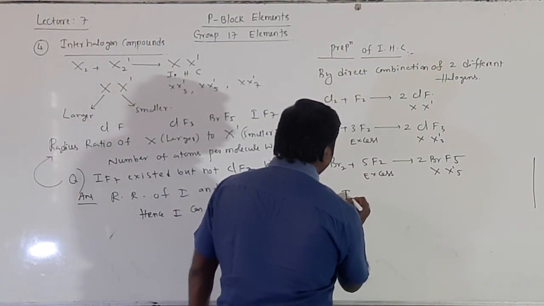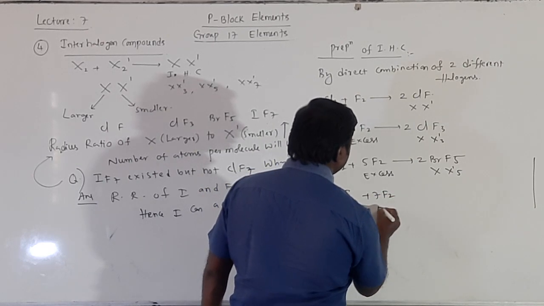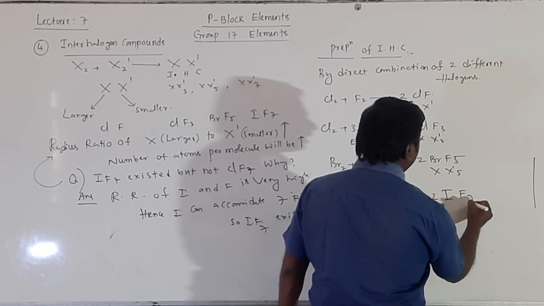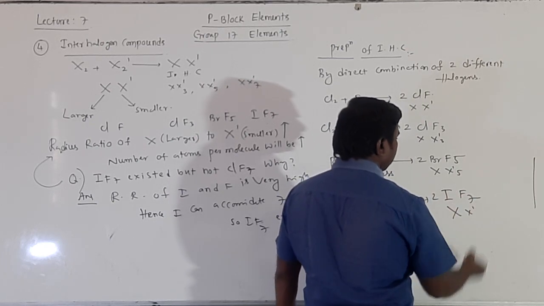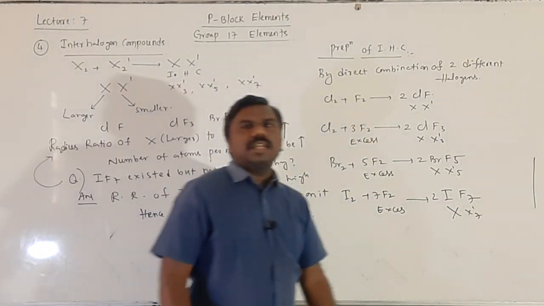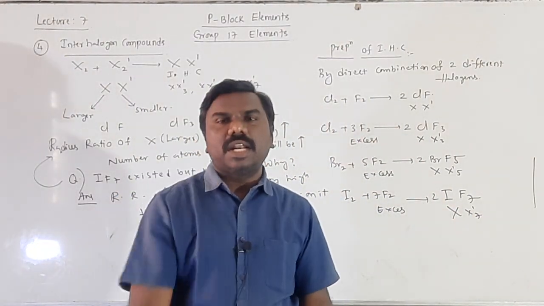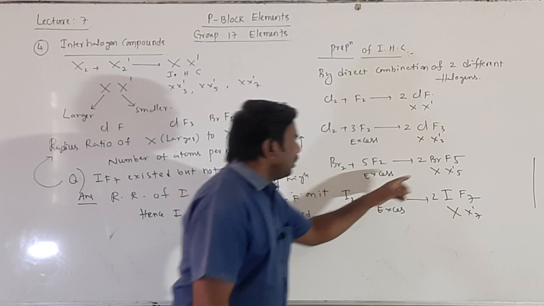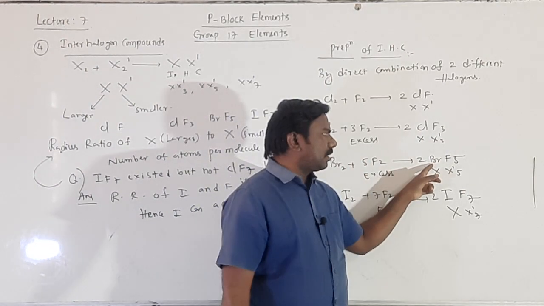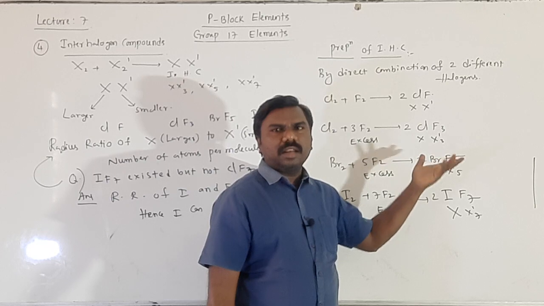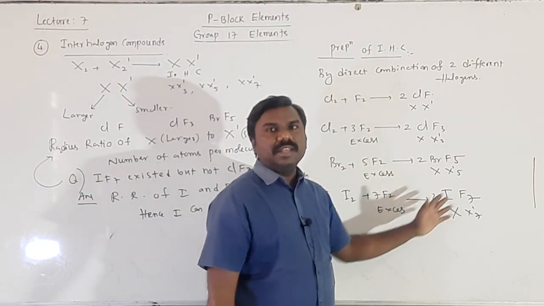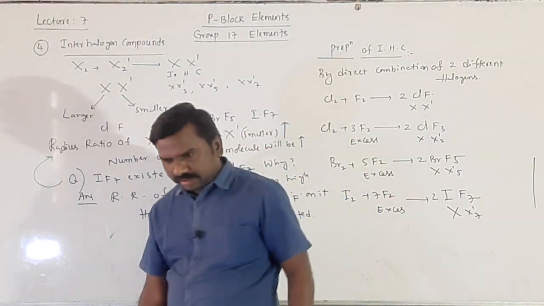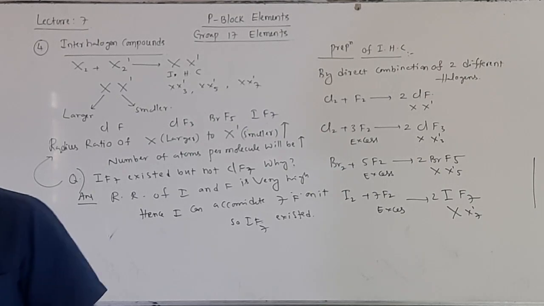Next, I2 plus 7F2 in excess gives 2 moles of IF7, XX'7. On larger iodine, 7 fluorine atoms can exist, that is IF7. Like that you can prepare ClF5, BrF5, BrCl5, ICl5, ICl3, ICl7. We can prepare many, right students?